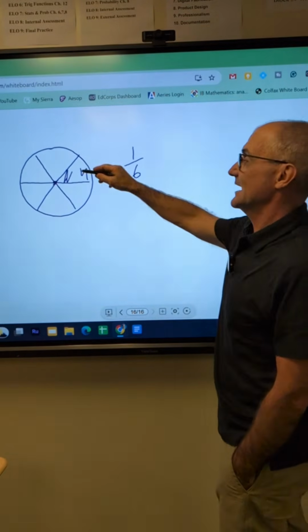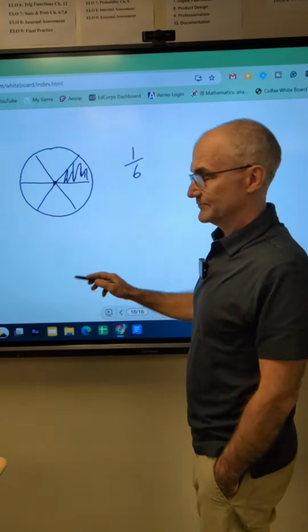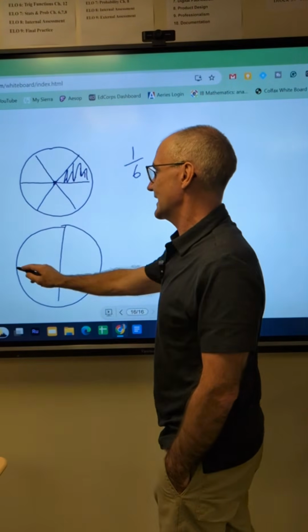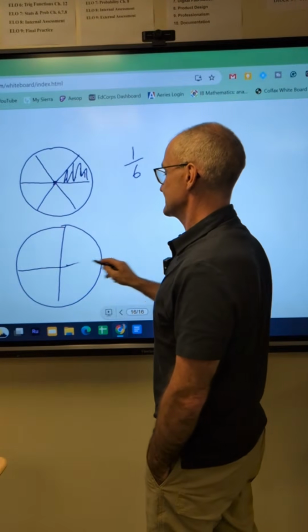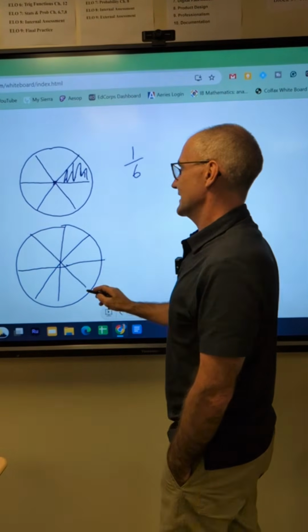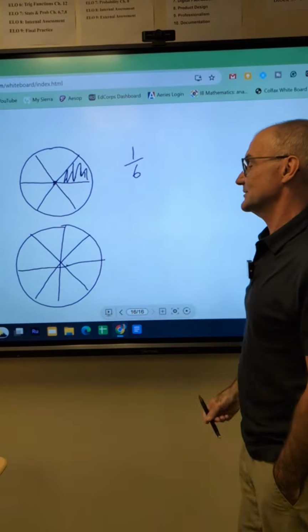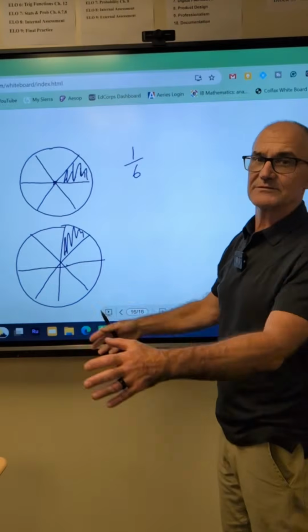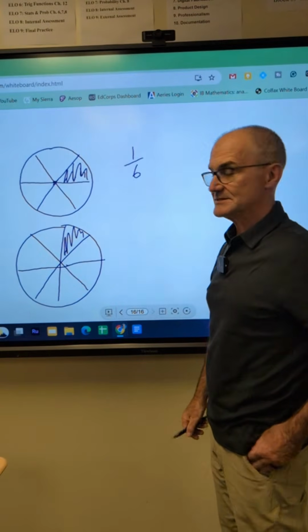If I'm trying to add fractions together and I split them differently, I mean, if I want to add these slices of pizza together and I split this one into 6 and this one into 8, I have to figure it out by making them kind of the same type of pizza.